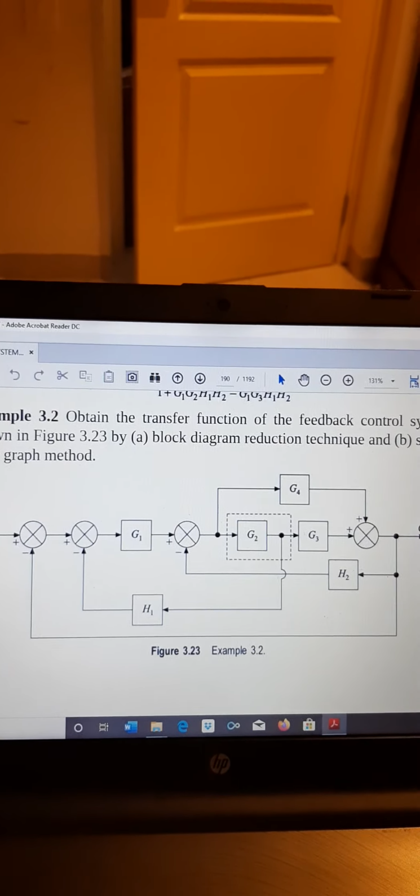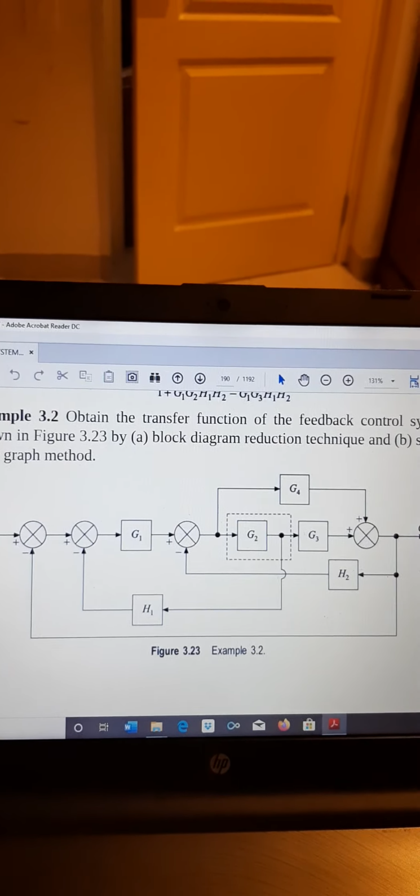So after the reductions, you are getting G2 G3 plus G4, and after that this feedback, then again one more feedback.